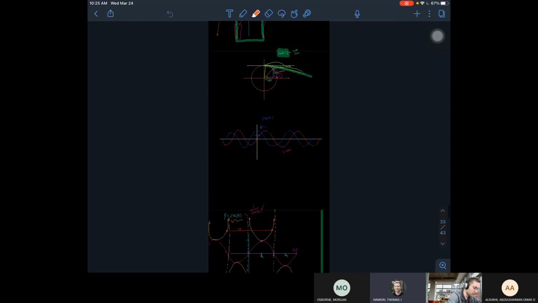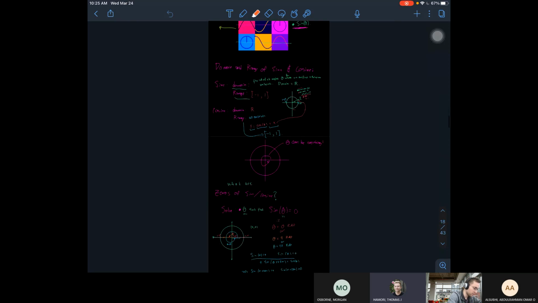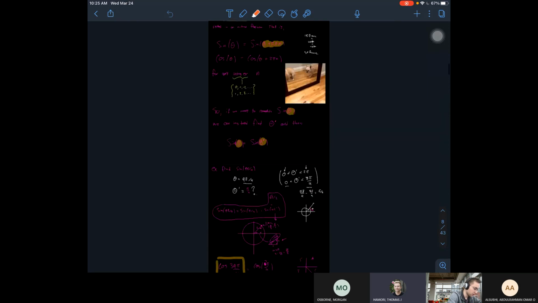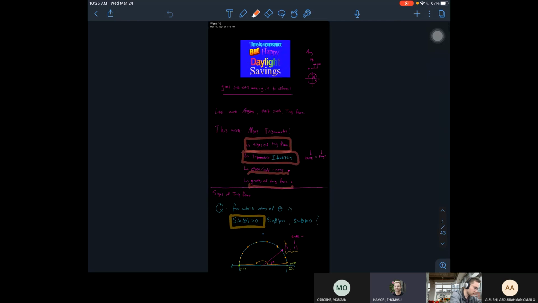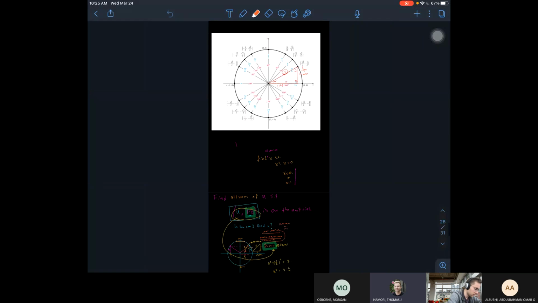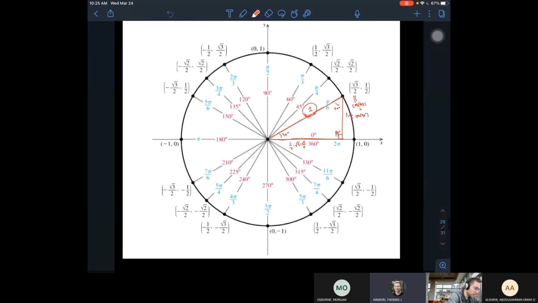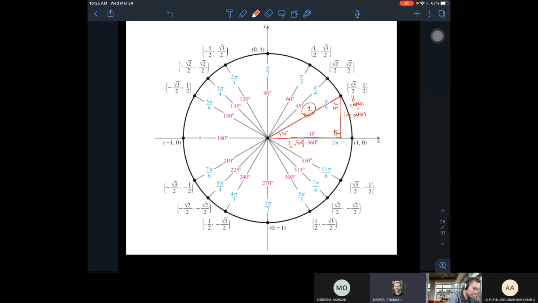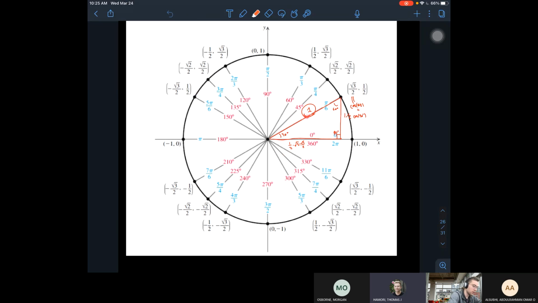This is in your notes, it's open notes and open book, and you can find this in the notes and in the book. So if you want to have this right next to you when you do the exam, that's fine.